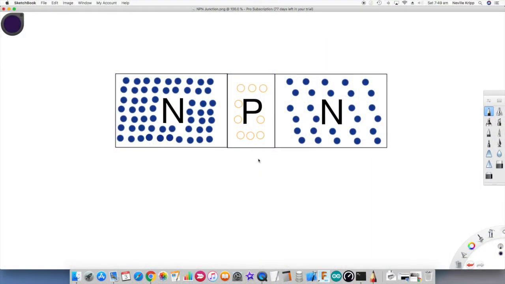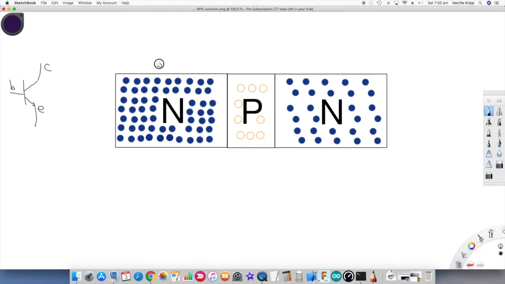So let's take a look at this representation of a transistor, and before we start let's just have a look at the circuit diagram. Emitter, base, collector, and this is an NPN transistor we're looking at the moment, as you'll see by the material.